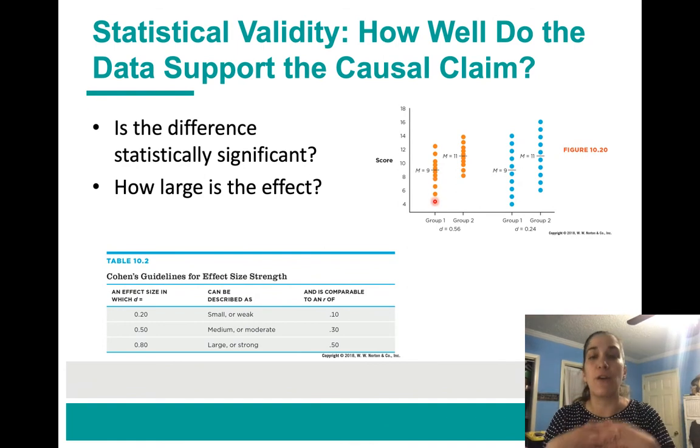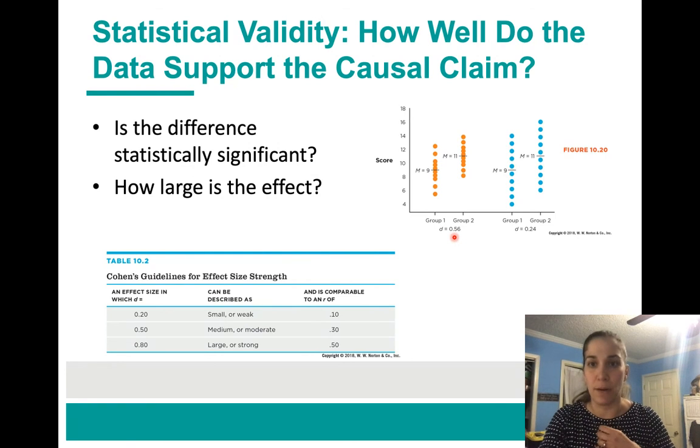They are closer together. They're more similar, which means that group 1 is more similar to itself and group 2 is more similar to itself and less similar to each other. There's less overlap between these two groups. So lower variance within groups means a greater effect size.